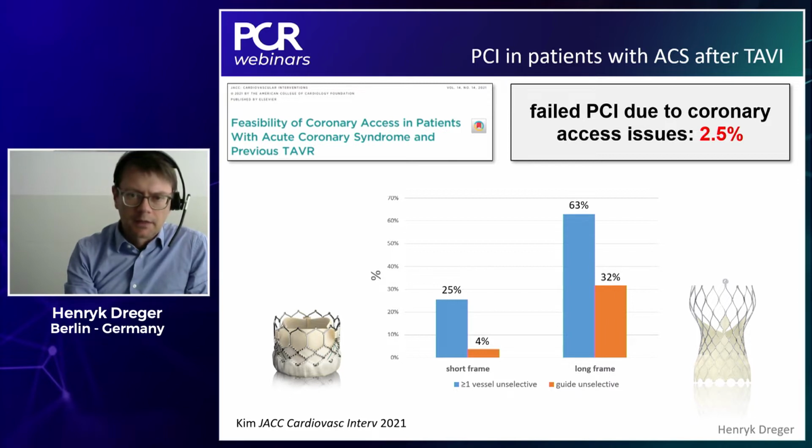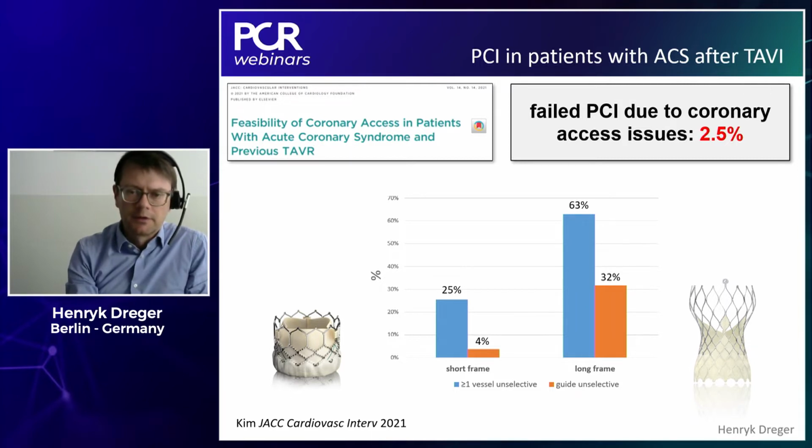He analyzed patients who developed an acute coronary syndrome after TAVI and checked if there was any issue with the coronary access that impeded a successful PCI in these patients. Indeed, he divided the population of these registry patients into two groups: short frame, which was mainly the Sapien platform, and the long frame cohort, which was basically Evolut.